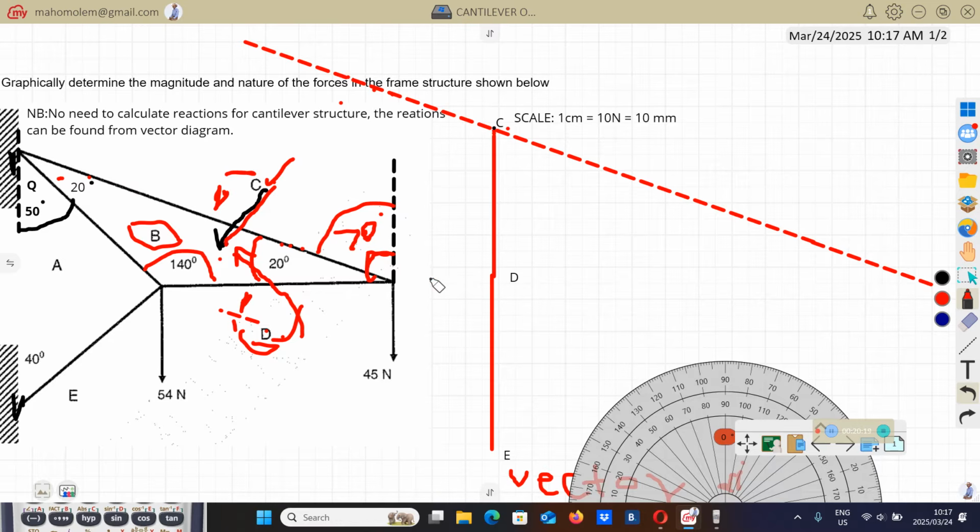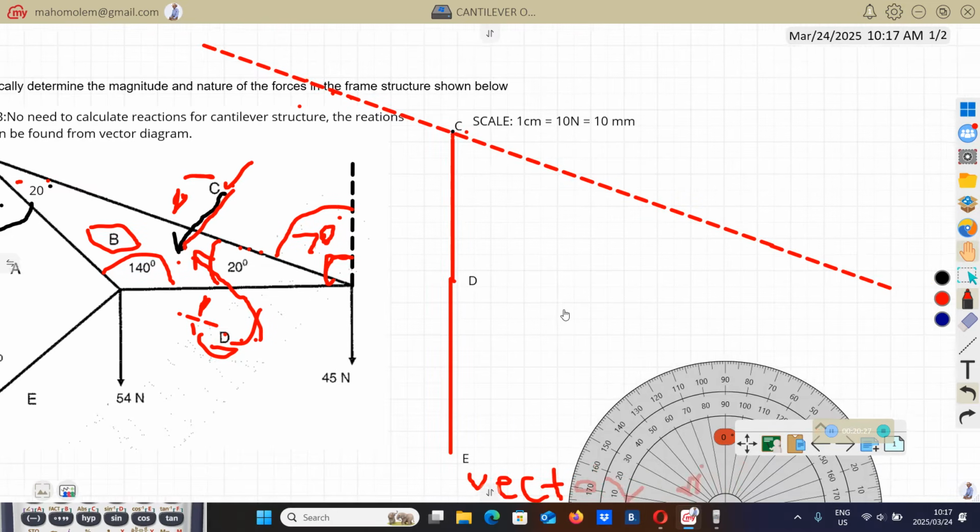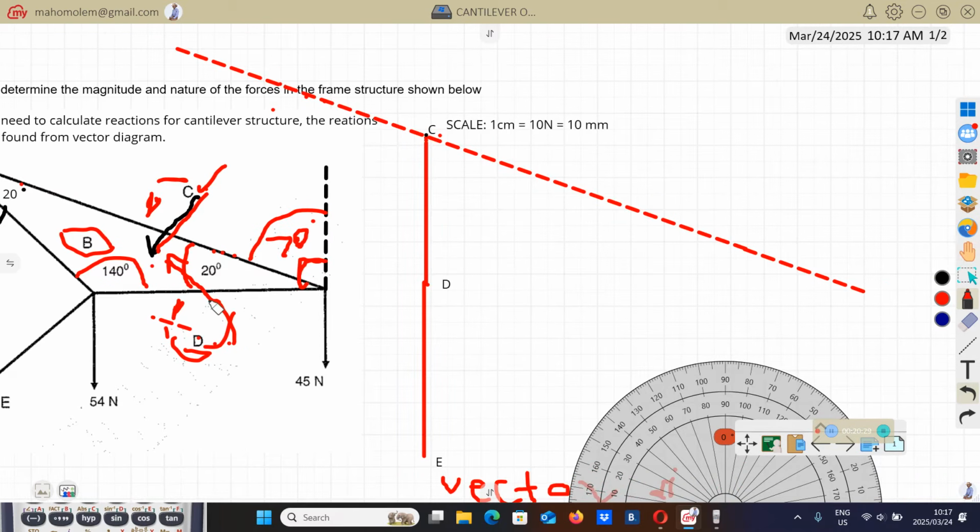So here is B. You'll come to D, here is D. From this D, we're going to draw a horizontal line because from D to B, there is a horizontal line. So from this D, we're going to draw the horizontal line like this.